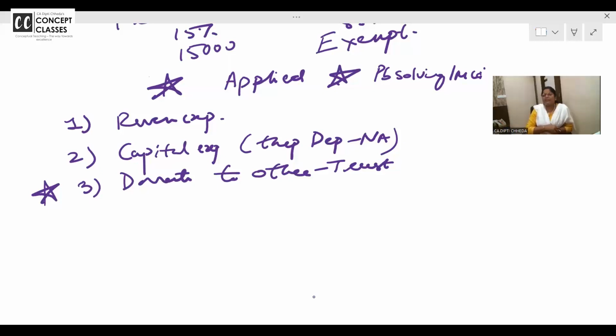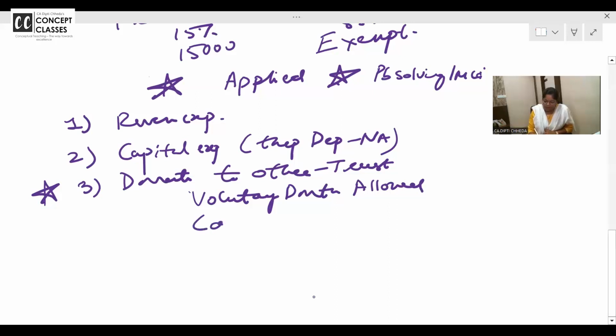The temples there are affected and from the Hyderabad temple we are sending funds to the Uttarakhand temple. Is it allowed as our expense? Yes. So donations to other trust, voluntary donations allowed. Corpus donation, not allowed.